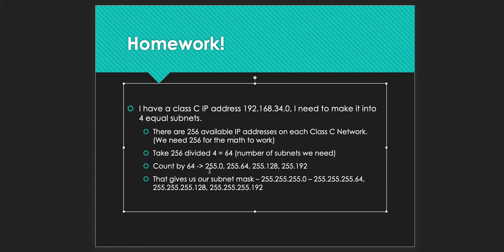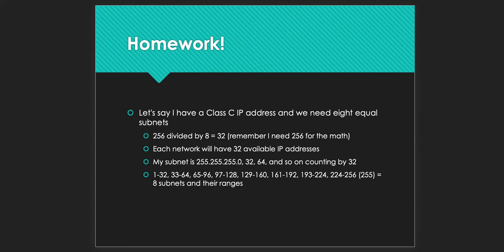So count by 64: 0, 64, 128, and 192. That gives us our subnet masks of 255.255.255.0, 255.255.255.64, 255.255.255.128, and 255.255.255.192. Remember, 255 is my reality, but I need 256 to make the math work. Sorry. It works though. Here you go.